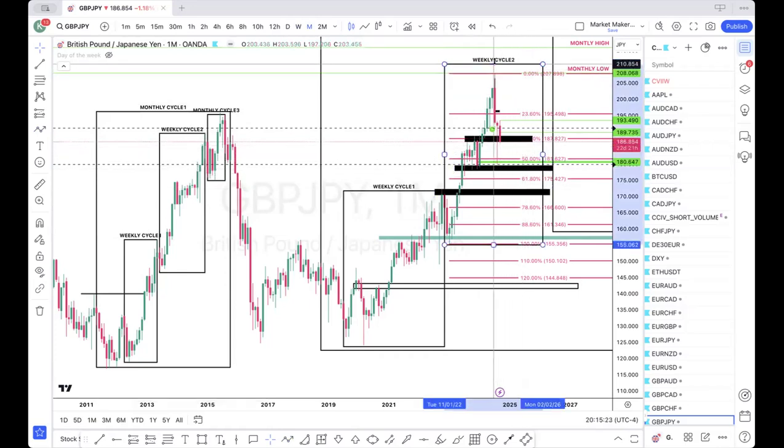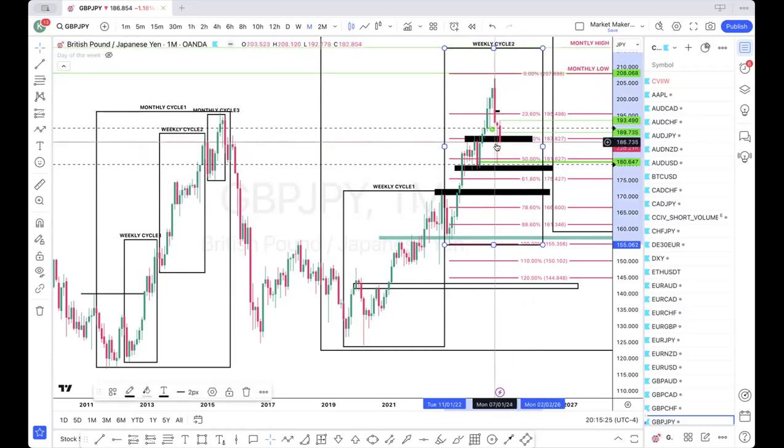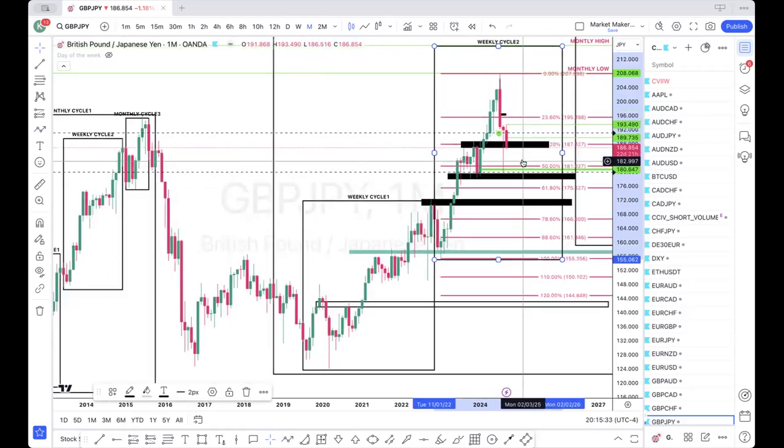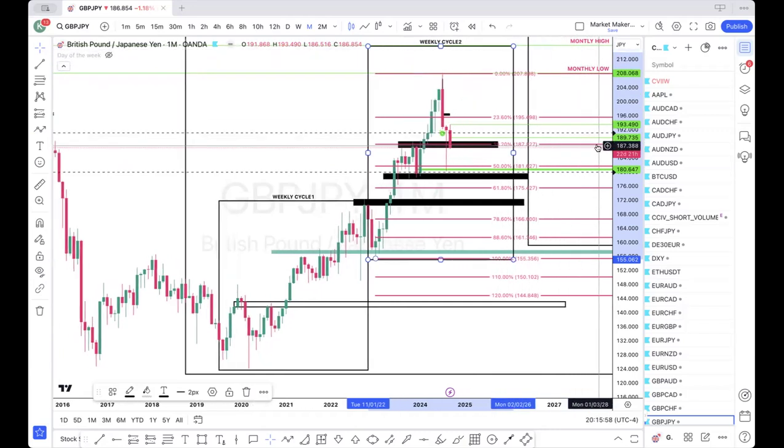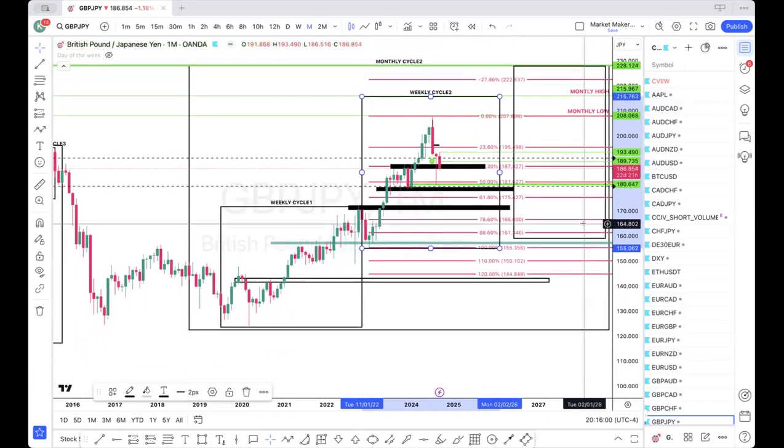So maybe the third push will come up here. Now that I'm rethinking this, if this is the first push, this is the second push. So this may come back down to the 50% and then push up higher for the third push. And then maybe we'll get our peak formation to then sell back down.